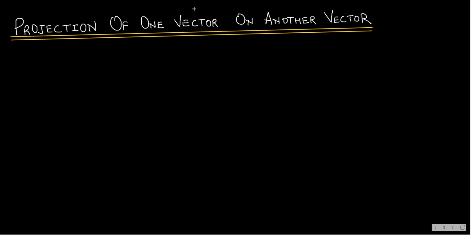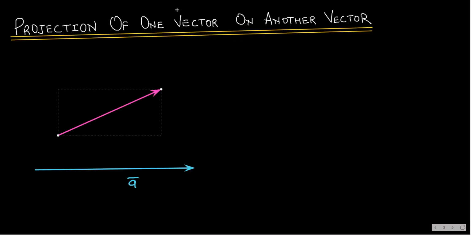So here, let me have a vector which is a bar. I have a vector here, a bar, and I want to project another vector b bar on a bar. This is another vector b bar on a bar. So what does projection mean?